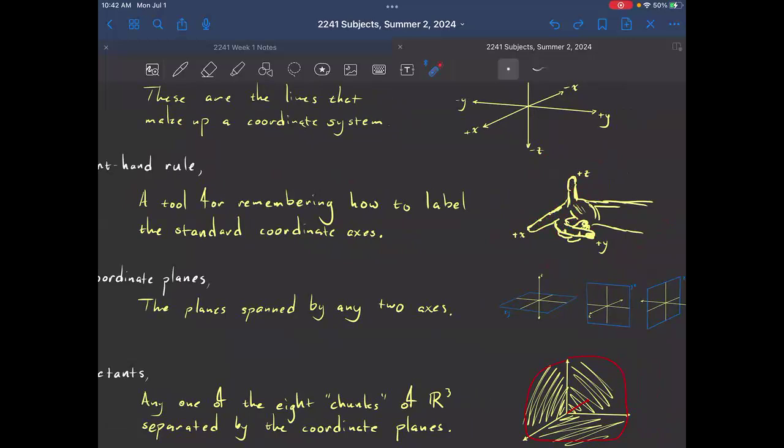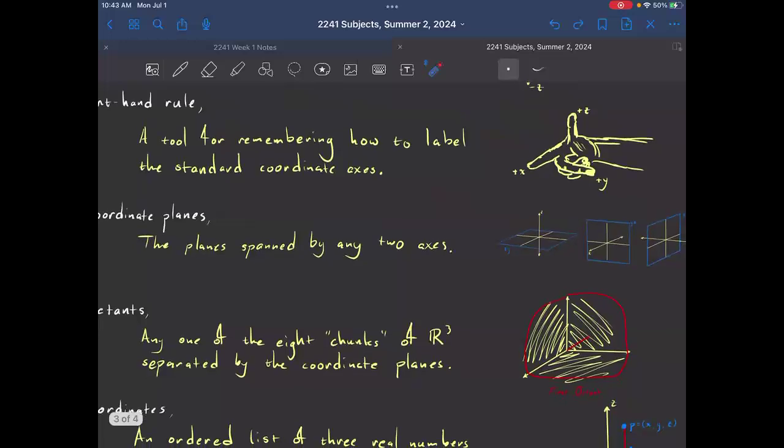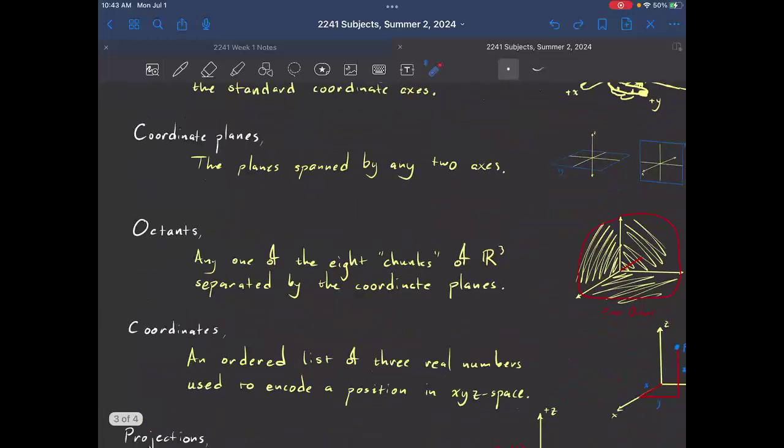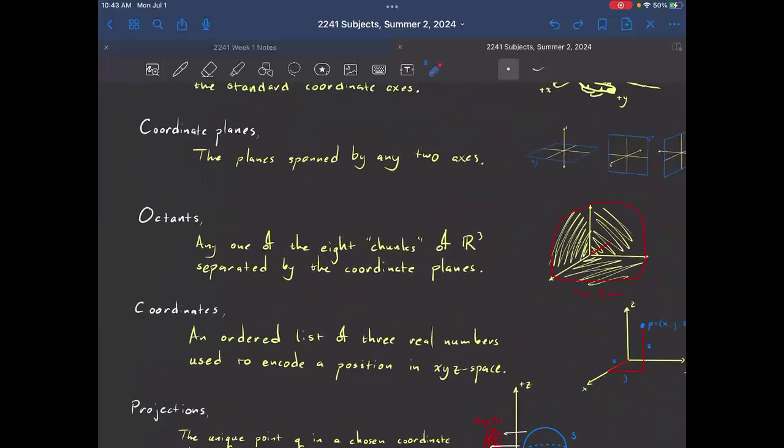Your index finger is meant to represent the x-axis, middle the y-axis, thumb the z-axis. This is one way that you can always remember how a 3D coordinate system is supposed to look, if you forget.